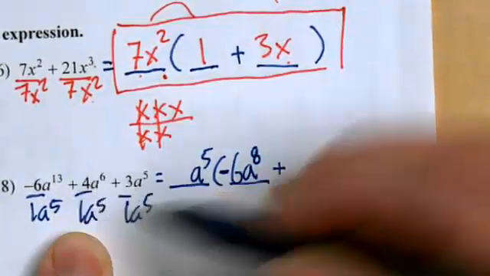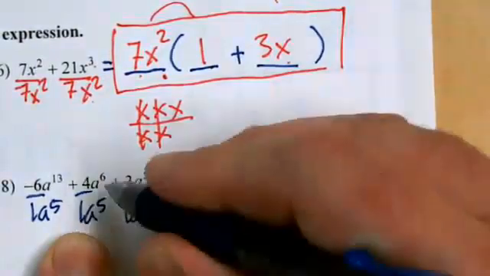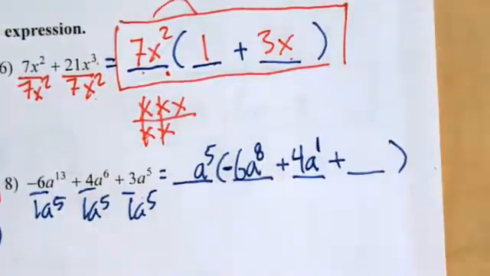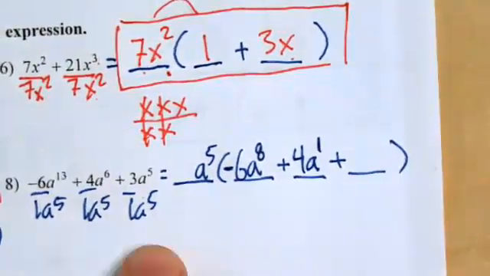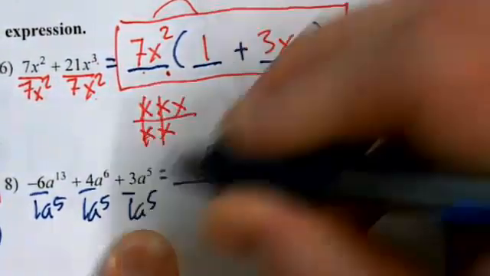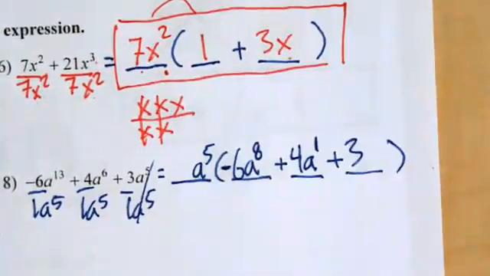Let's see here. 4 divided by 1 is 4. A to the 6th divided by a to the 5th is a to the 1st, because 6 minus 5 is 1. Here I got 3 divided by 1, that's 3. A to the 5th divided by a to the 5th, those just cancel out, so it would just be 3.